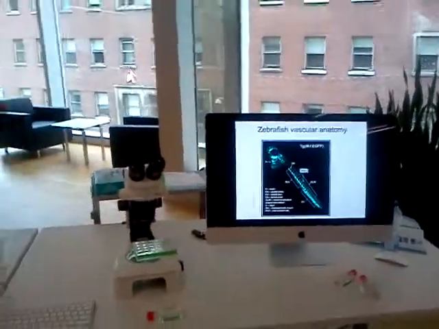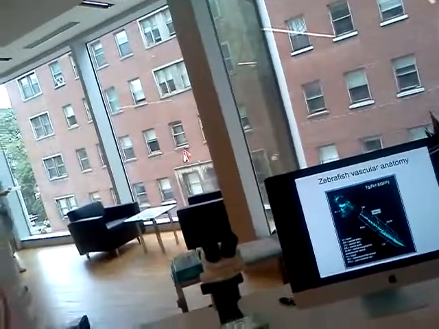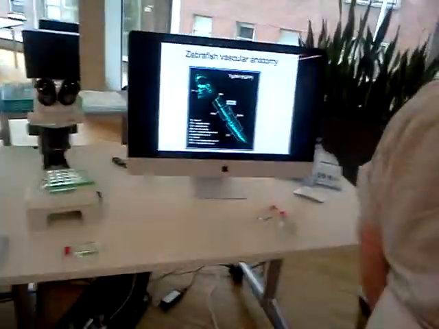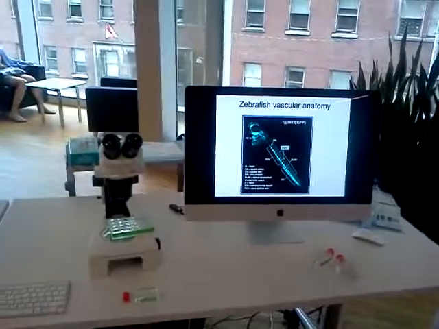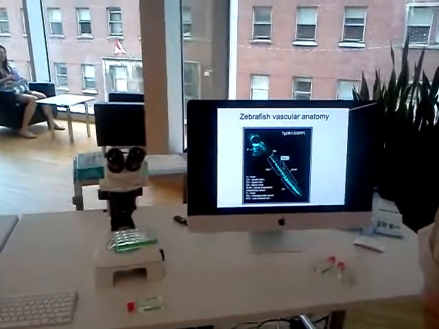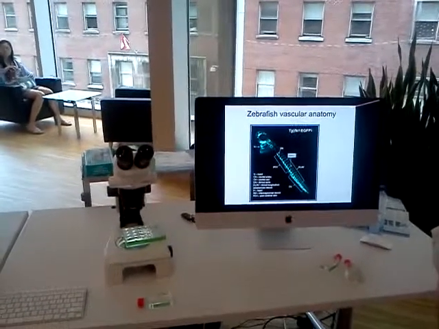Zebrafish are even closer to humans than fruit flies. It does sound like a bit of a stretch, but while they do look different from humans, they do have a head, they do have a vertebrate, and so we can definitely learn much more from zebrafish than from fruit flies or worms or other model organisms.